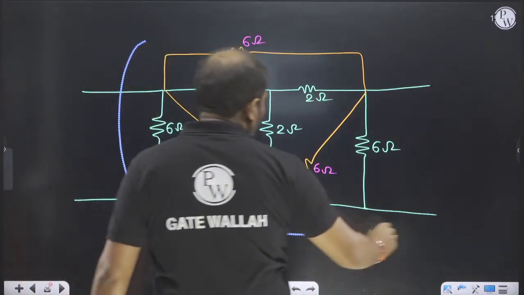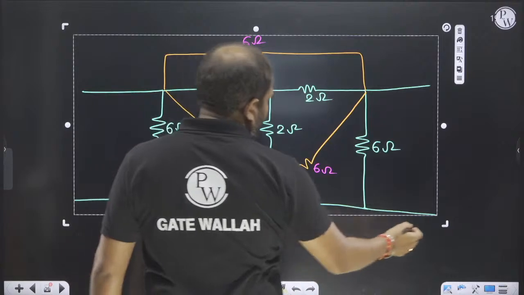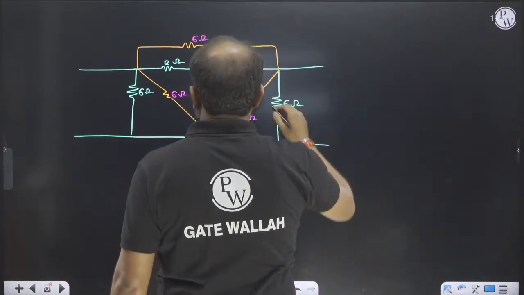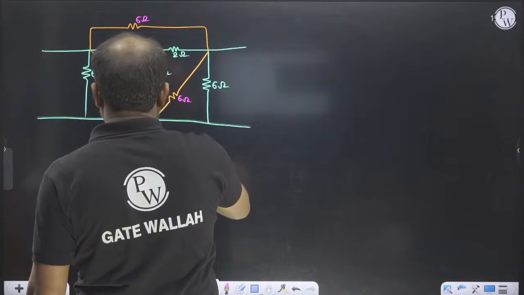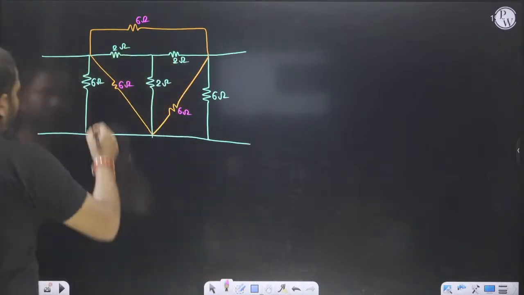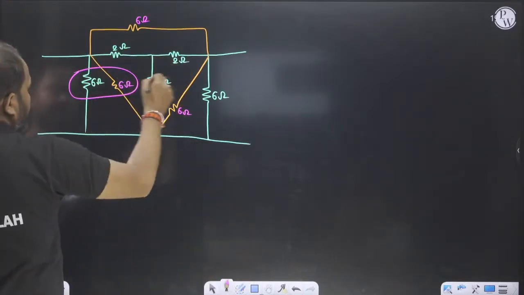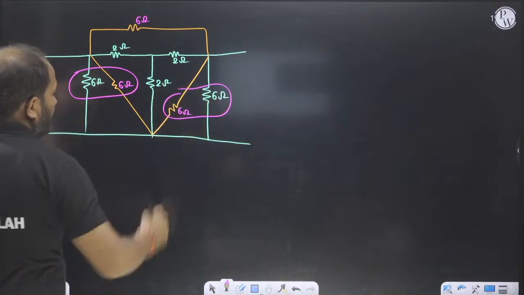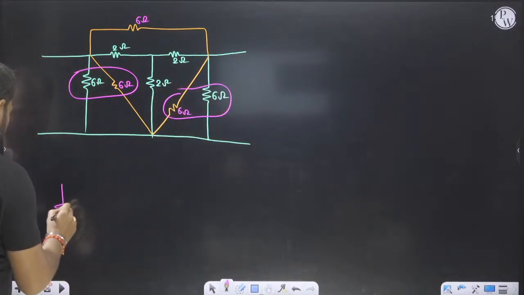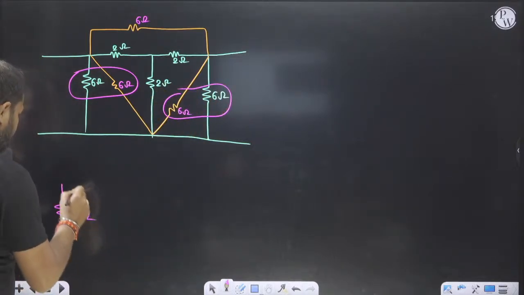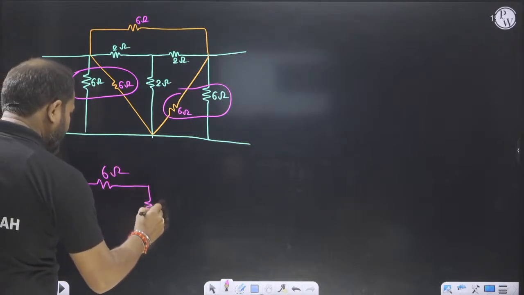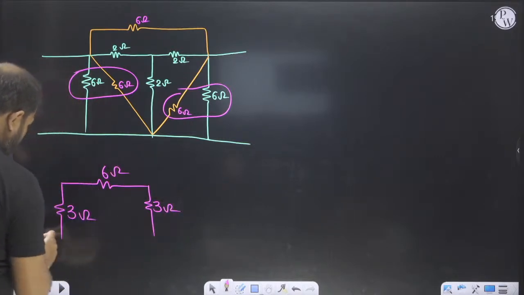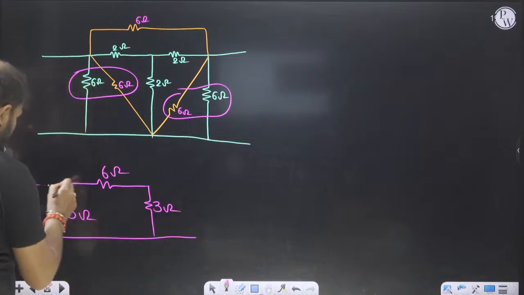So 3 ohm, they are in parallel, 3 ohm. So these two are in parallel combination, so we have 3 ohm, and we have 6 ohm and we have 3 ohm.